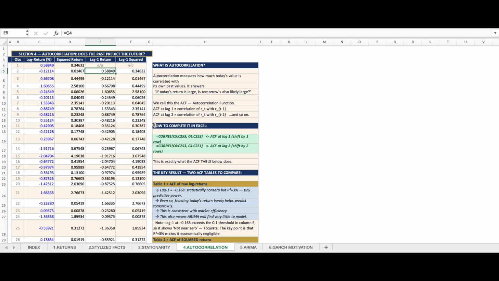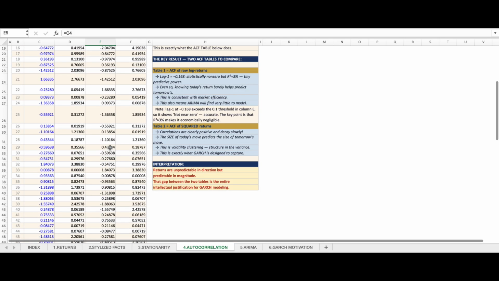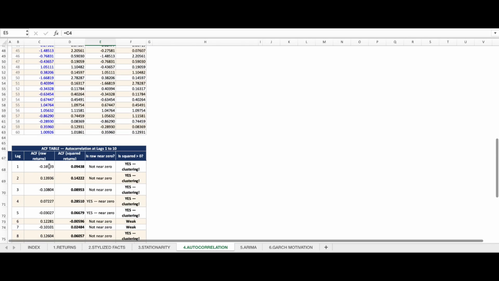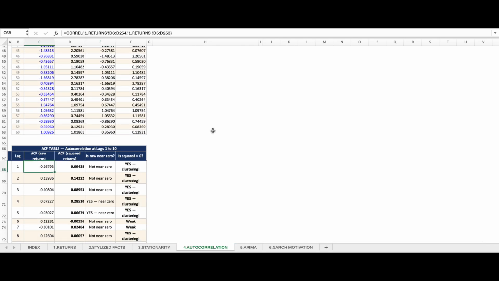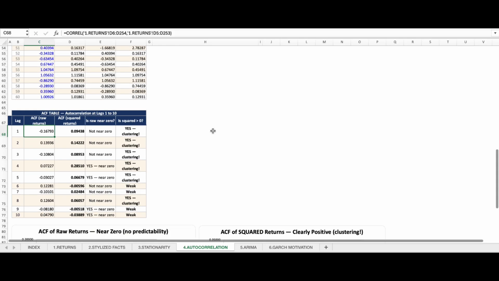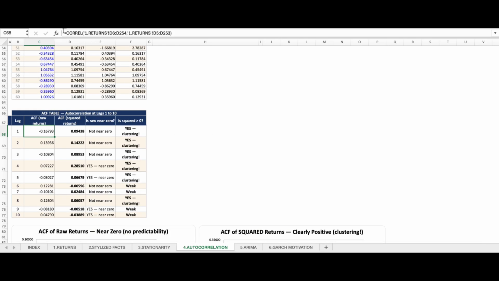Now, since we're doing this in Excel, let's use the functions built into Excel. And when we go to the Python notebook, we will look at the functions which are used in Python. So in Excel, the formula uses the function called correlation, CORREL. To get the lag 1 autocorrelation, you pass CORREL the return series shifted by one row against itself.